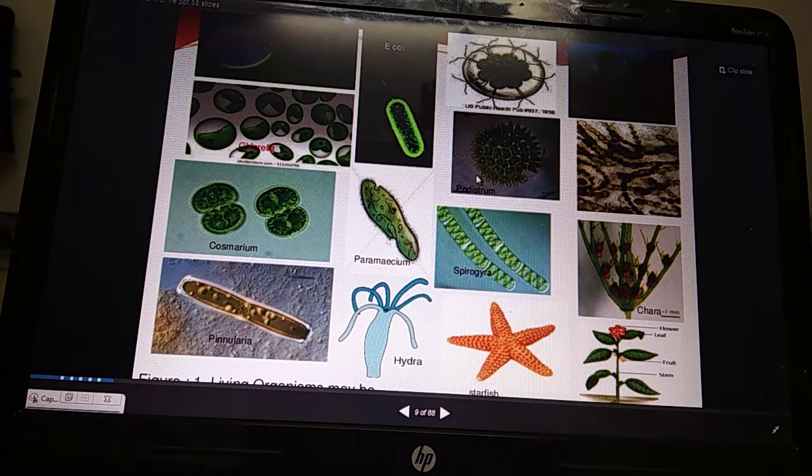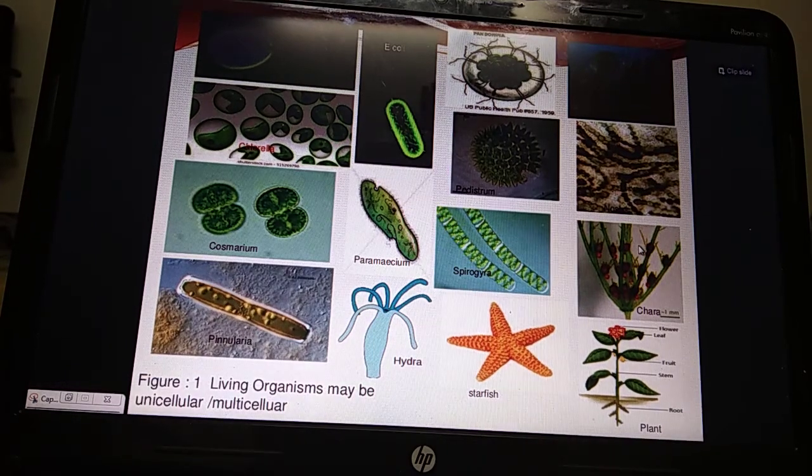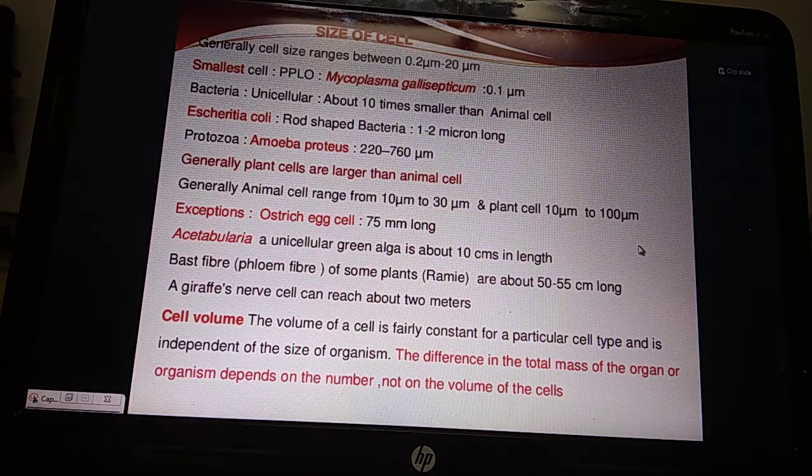Then another, Volvox, that is a colonial form, Nostoc, Anabaena, Chara. So these are the different shapes of the cell. If we talk about animal cells, muscle cell is very long and nerve cells are also very long. So different categories, shapes.